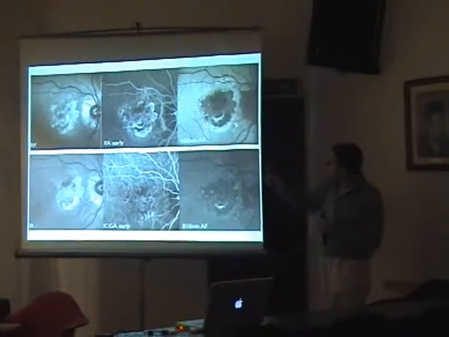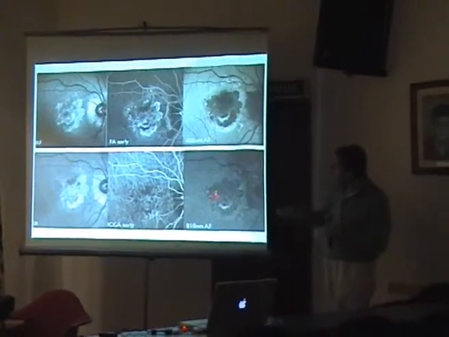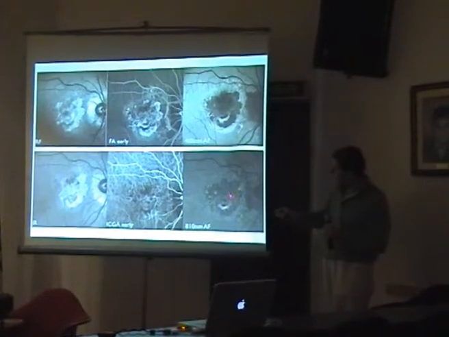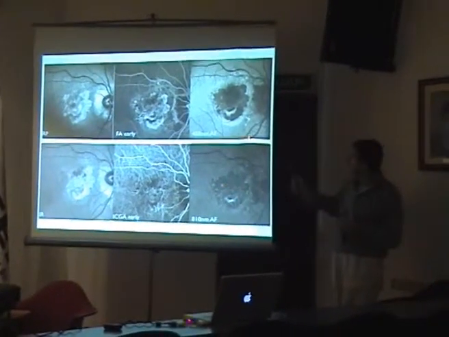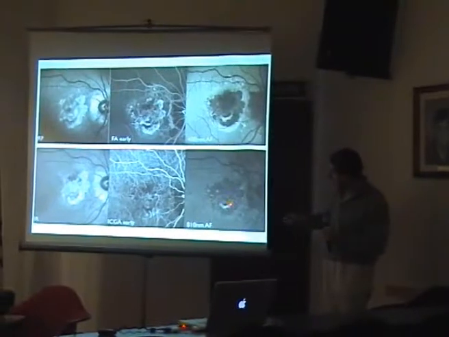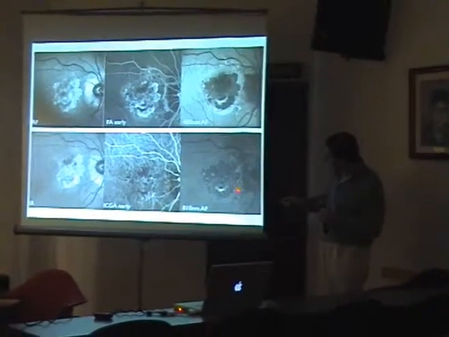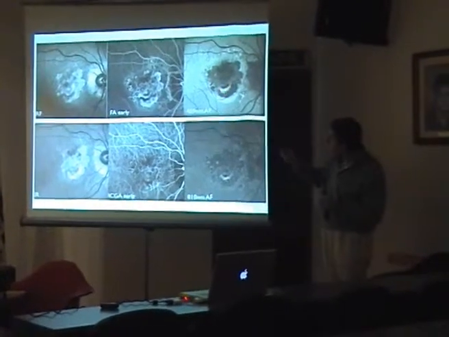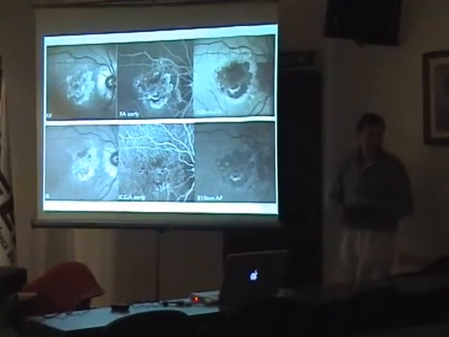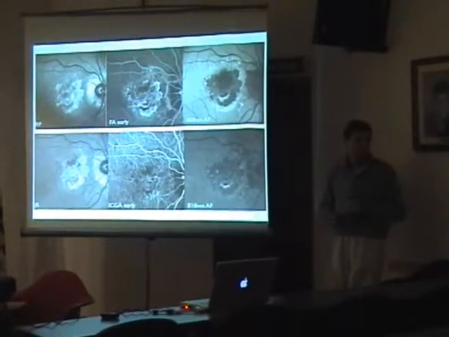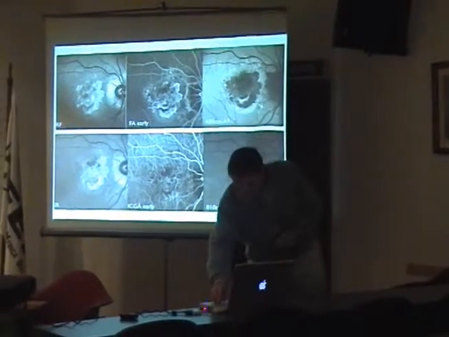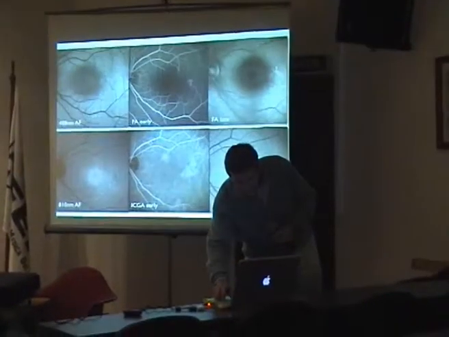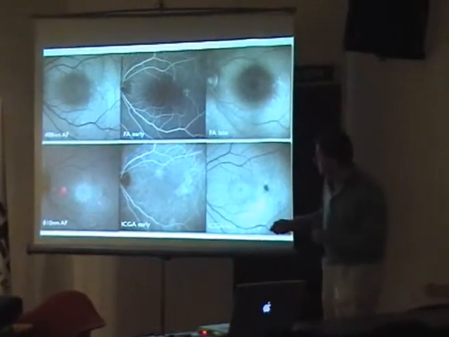You see that in the 488 and the near infrared, you see vessels here, for sure it's an atrophic area. And you see some areas where we have an increased autofluorescence that corresponds to decreased autofluorescence in the autofluorescent image. Central serous chorioretinopathy.